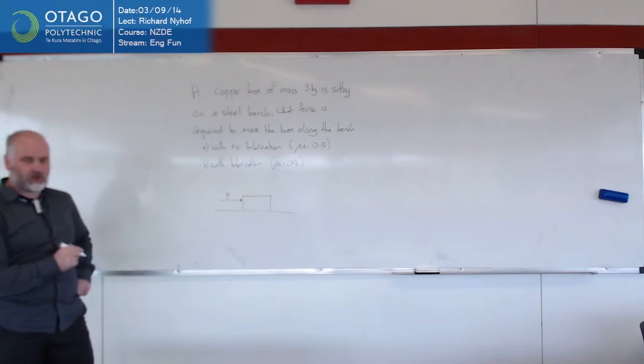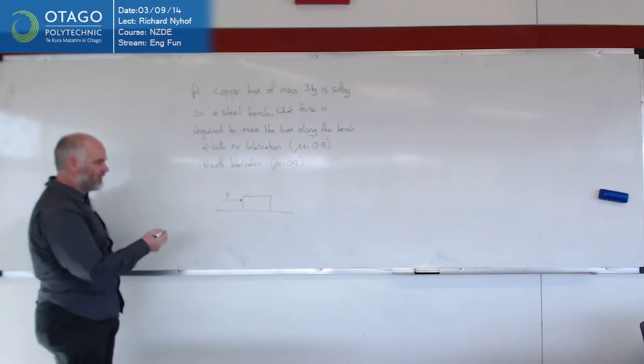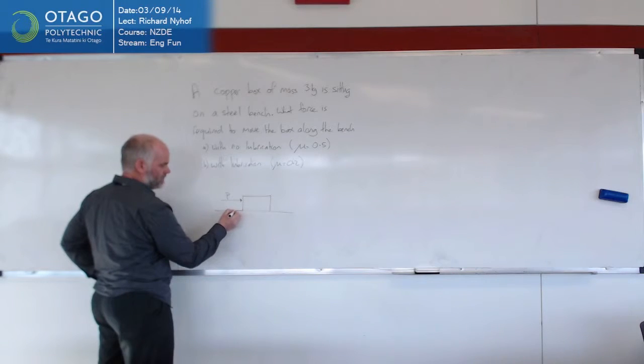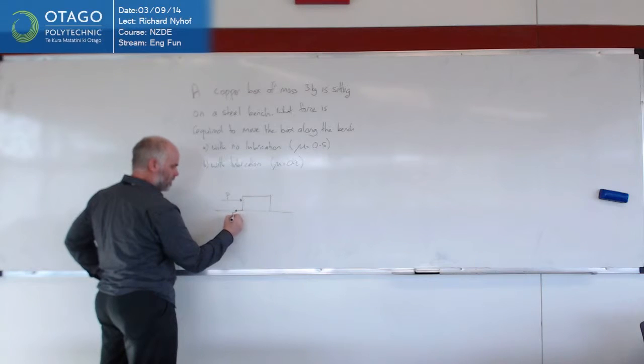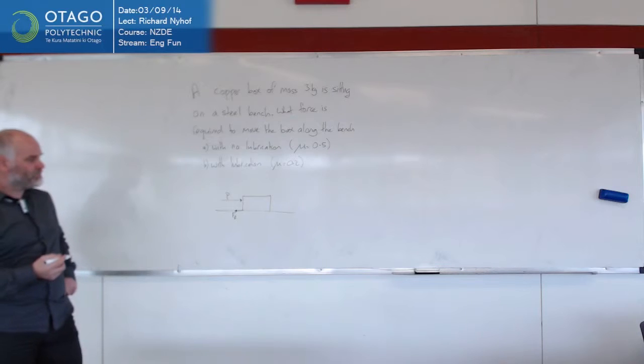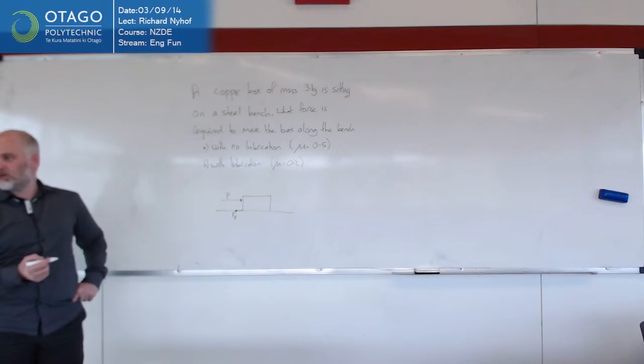Which way is friction going to act on this diagram? The other way, so back the other way. You can draw it here or here, it makes very little difference. So let's put friction going back this way. What other force or forces are acting on this box?